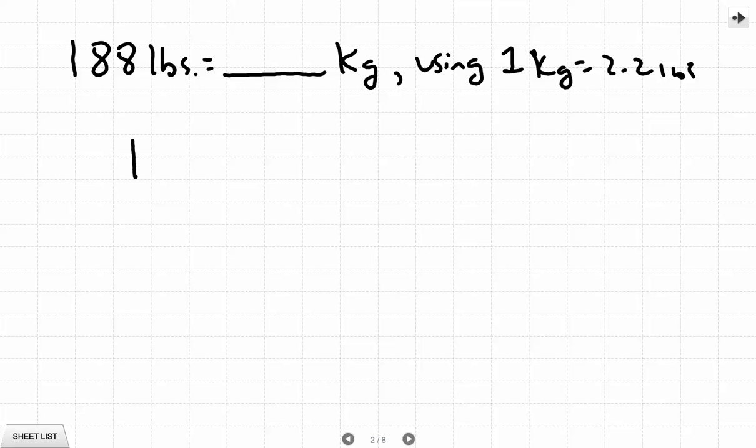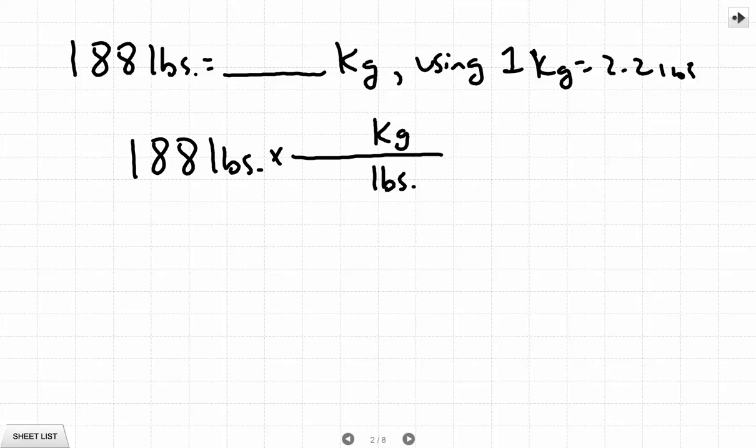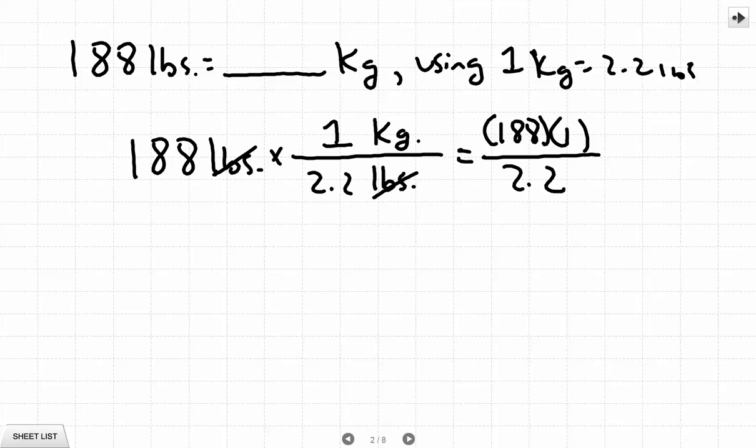So I'm going to take my 188 pounds, and I want to use the form of the conversion ratio which will eliminate pounds and end up in kilograms. So I have the 1 for kilogram and the 2.2 for pounds. This will allow me to cancel out the pounds, and then when I do my multiplication, I have just the 188 times 1 in my numerator and the 2.2 in my denominator, and that's just kilograms.